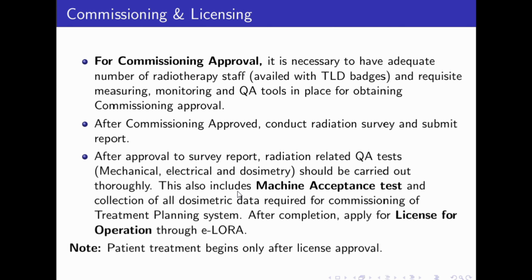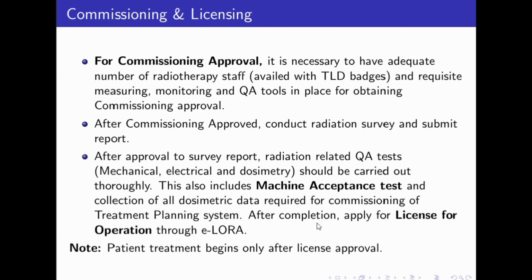After that, all the dosimetric data is collected for the commissioning of the treatment planning system. So after the radiation survey, you get the survey approval, and then you are allowed to do all the dosimetric QA and collect the data for commissioning of the treatment planning system.